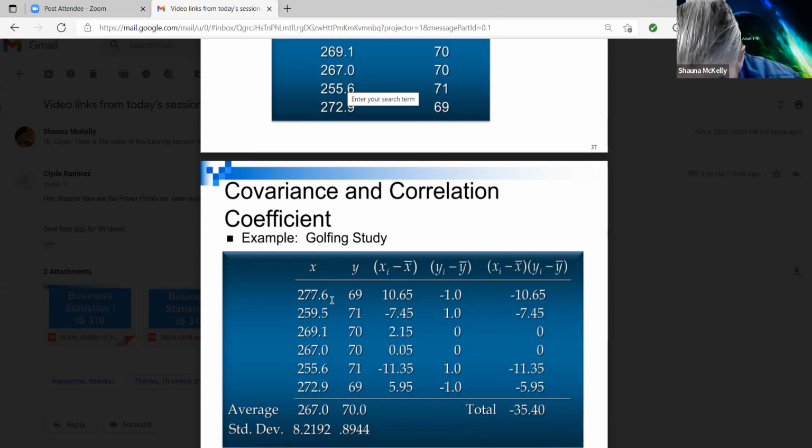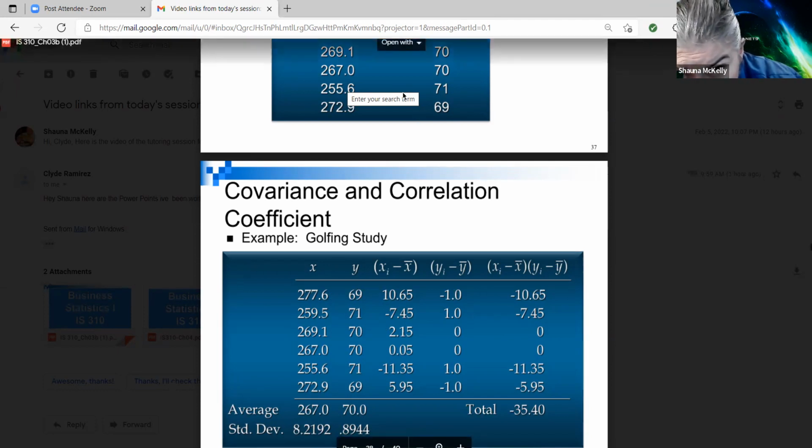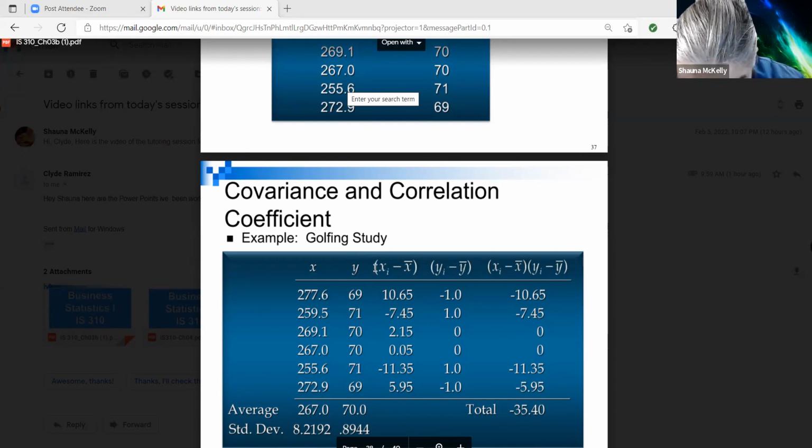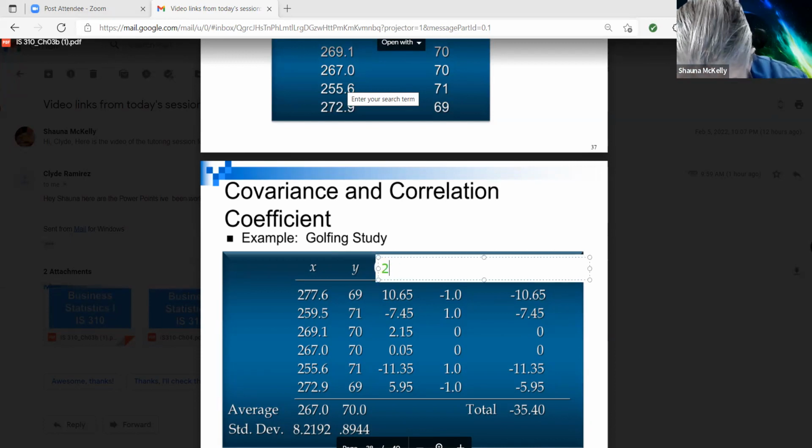What she's doing here for X is she's saying, okay, let's say my first X, right? I have 277.6. Let me change colors because it's hard to see. 277.6, right? And then you're going to subtract the mean of your X's, which is 267.0.